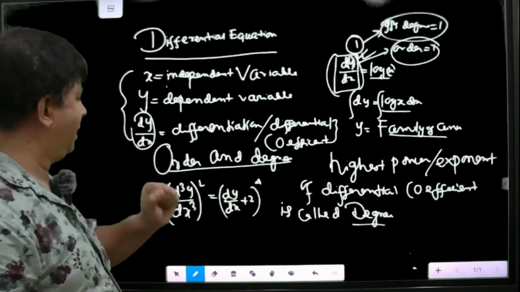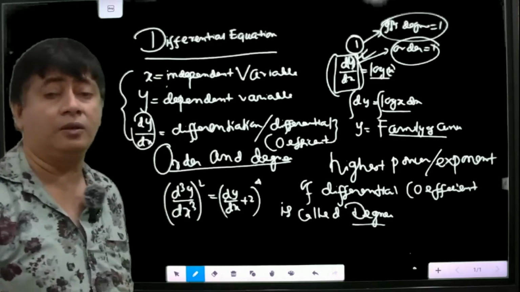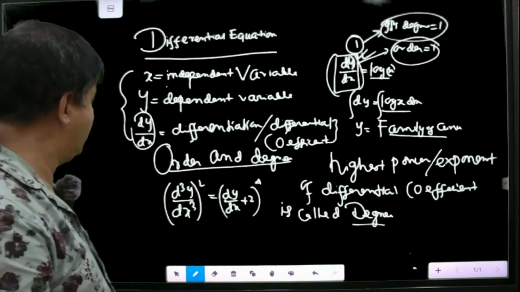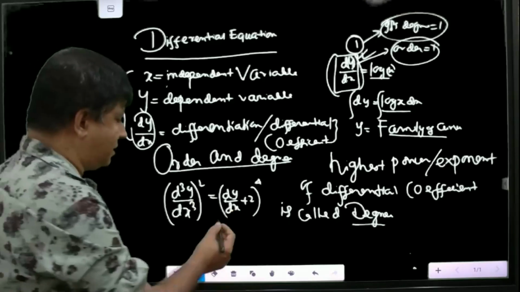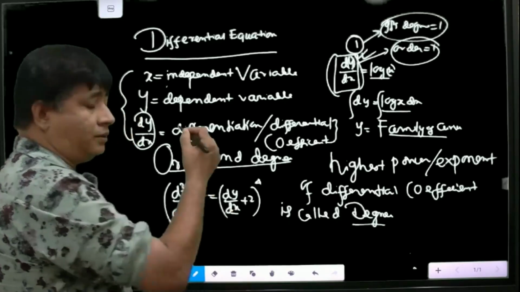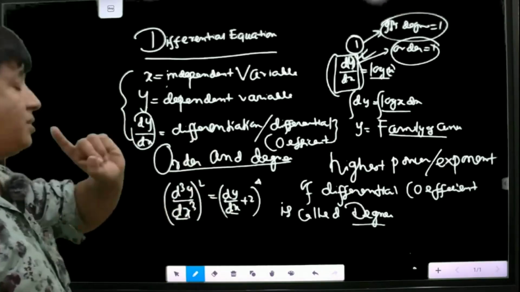So looking at a glance, if you are asked to find the order and degree, see, here you are getting dy/dx, here you are getting d3y/dx3.